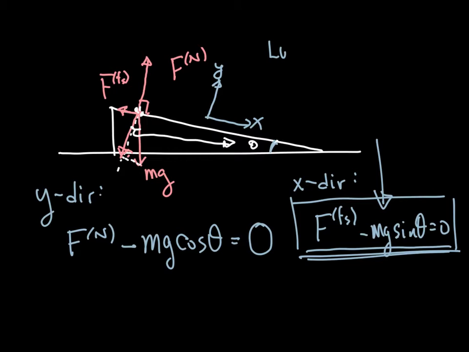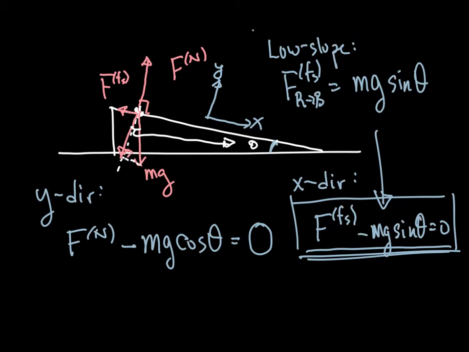So for low slope, we're going to get that the force of static friction that the ramp is exerting on the block is equal to the mass of the block times g times sine theta. So this is our low slope result.